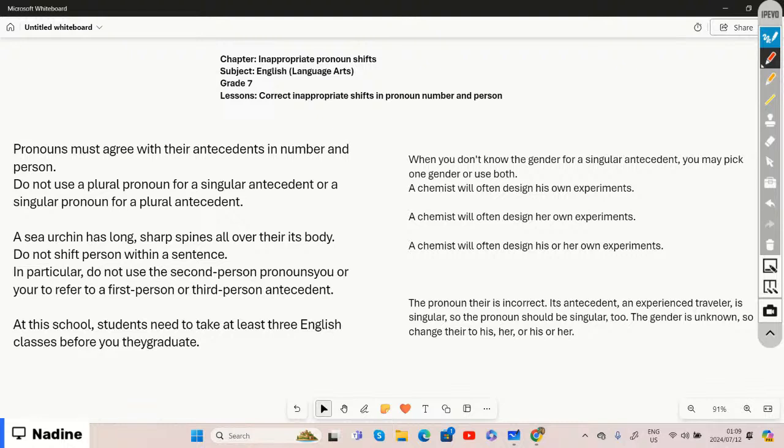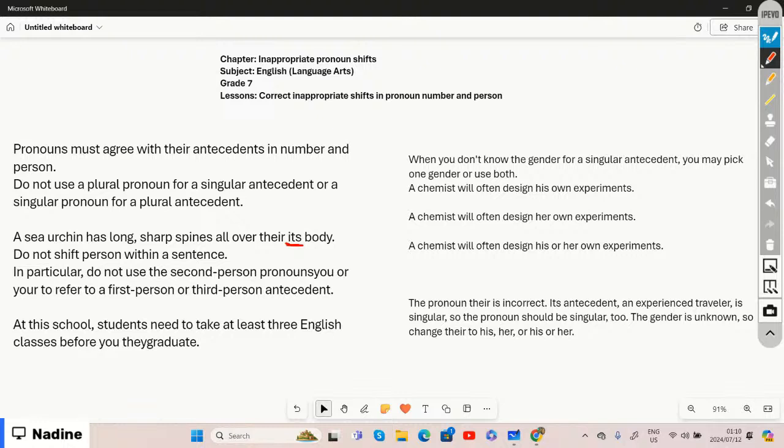And if we choose the correct one, because remember we said that you should not use a plural pronoun for a singular antecedent, or a singular pronoun for a plural antecedent, then we will say that a sea urchin has long, sharp spines all over its body.